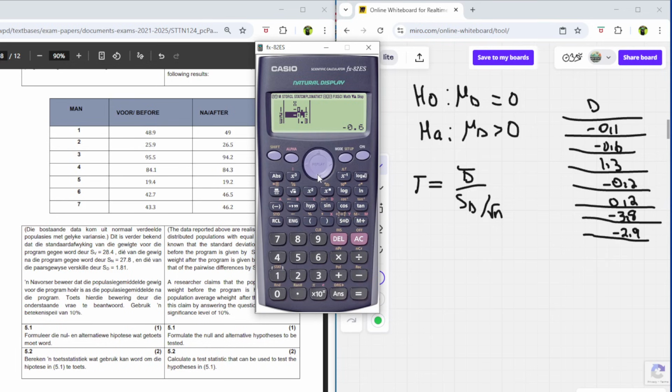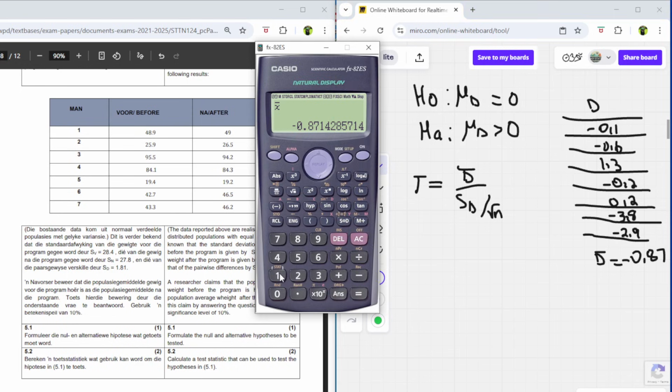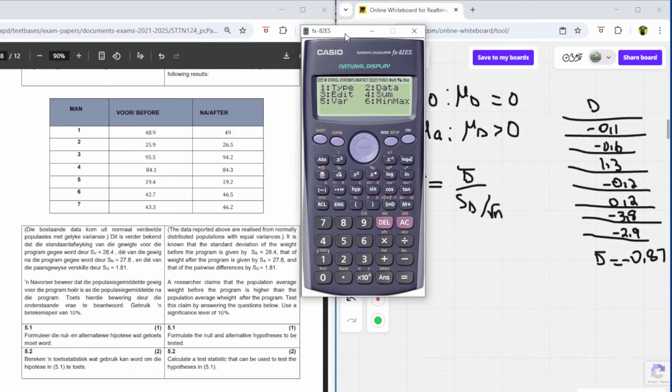Double check. Perfect. Shift 1, 5, 2, x bar. So our d bar is minus 0.87.